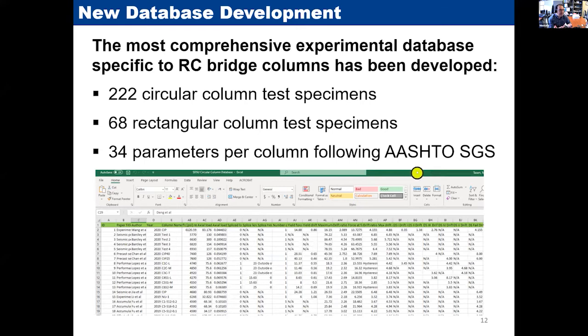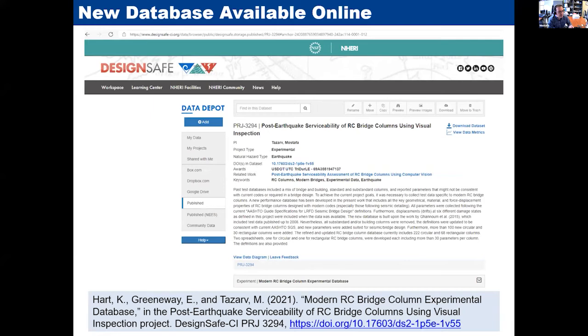So that's the language that every single bridge engineer will understand, and we tried to tie all of the definitions of this spreadsheet to AASHTO. Now, this document is public. Feel free to download it through the DesignSafe Data Depot, and feel free to use it in your applications if you have any.